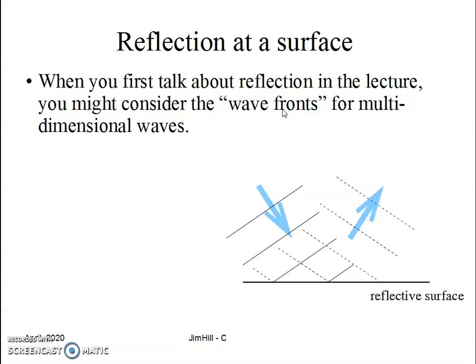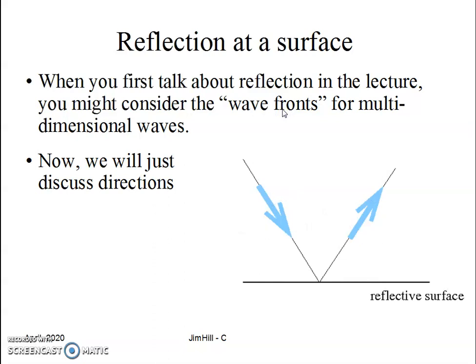Now the blue arrows I've drawn here are the directions. The lines that are solid on the incoming ones, dashed on the outgoing ones, are the wave fronts at some particular moment. We're interested just in the directions, and we'll treat light as though it moves along in straight lines until it hits a surface and then may do something like reflect.